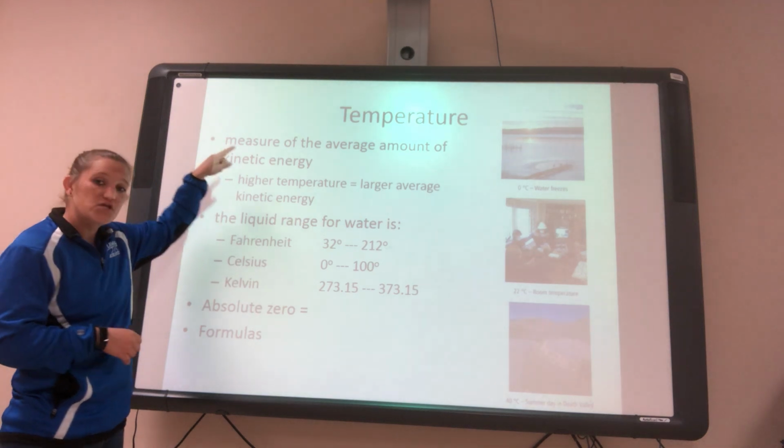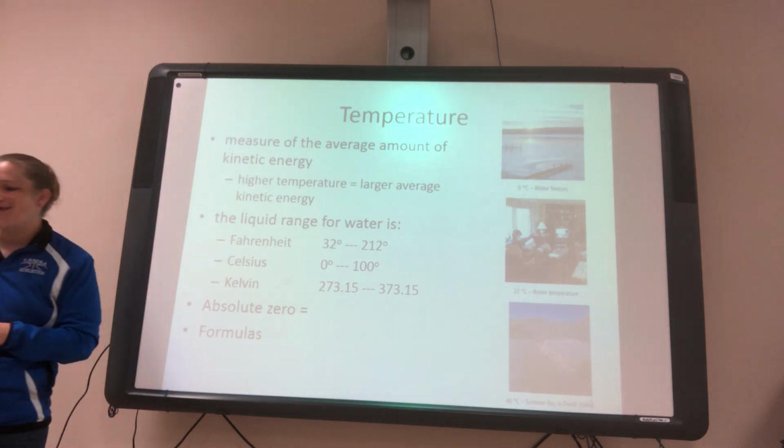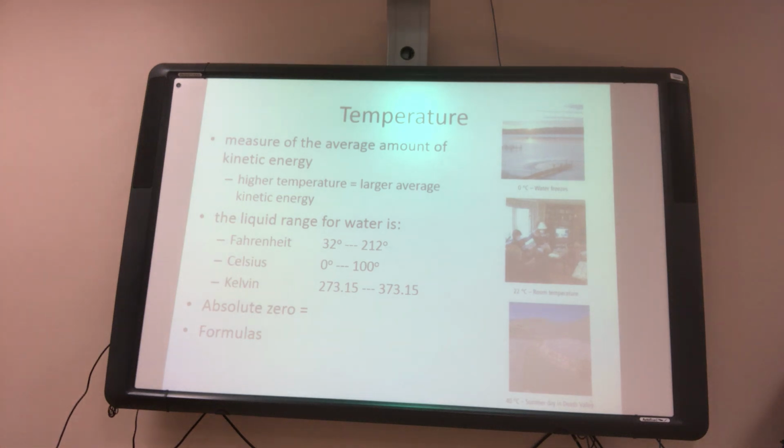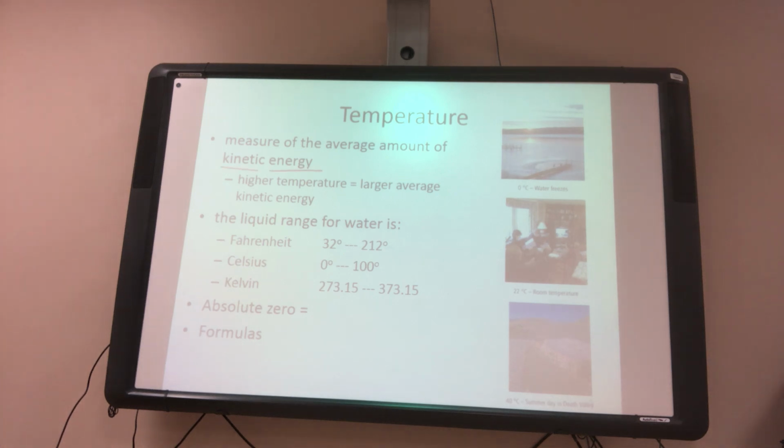Our chemistry definition of temperature is the measure of the average amount of kinetic energy. Let's break that down a little bit. The first word we used was kinetic energy, a word you might not be familiar with. Kinetic energy, which we can shorthand as KE, is the energy of motion, of moving.